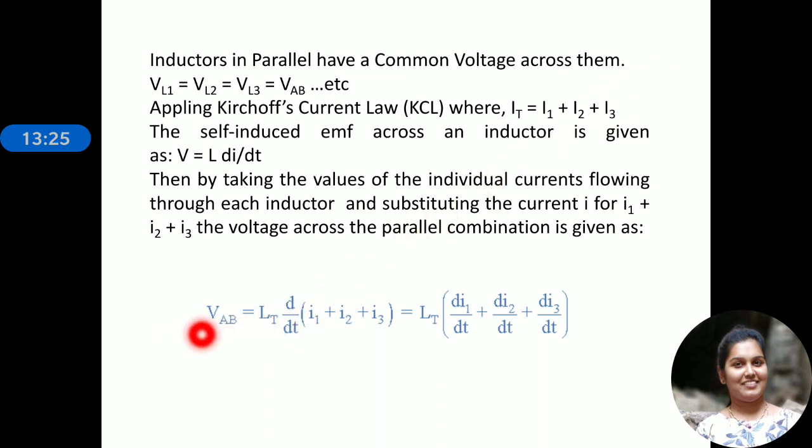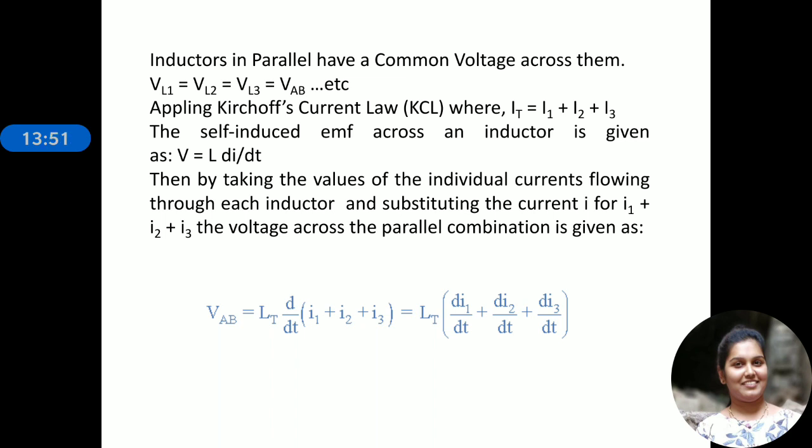We can write this expression as VAB is equal to LT into di by dt of I1 plus I2 plus I3. If you want to expand this expression, it can be written as LT into di1 by dt plus di2 by dt plus di3 by dt, right?